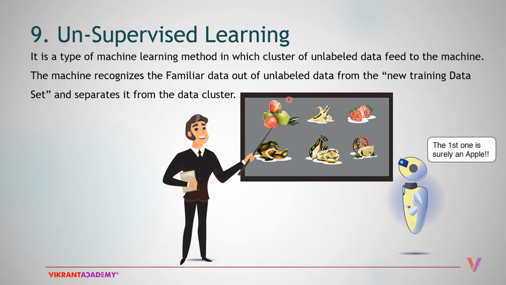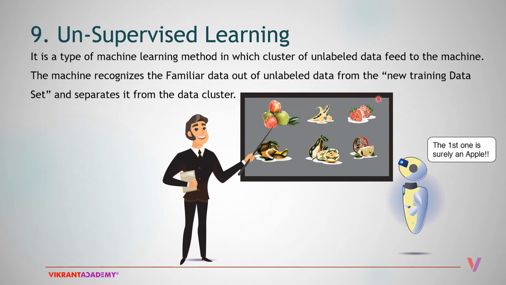Here we have apples, bananas, strawberries and other fruits. It knows that this is an apple and separates it by itself, where it does not recognize any other data, which is a different fruit in this case, and then it separates the apples from the rest of the fruits.